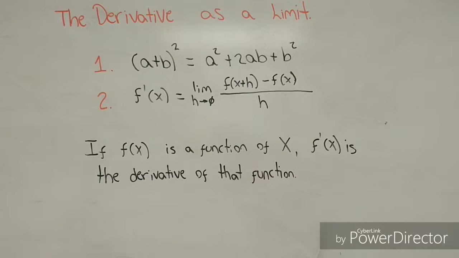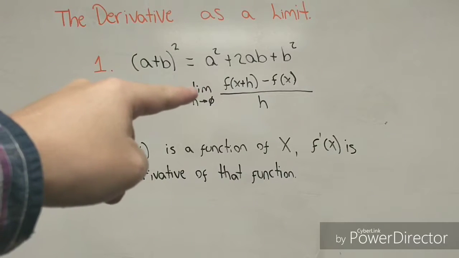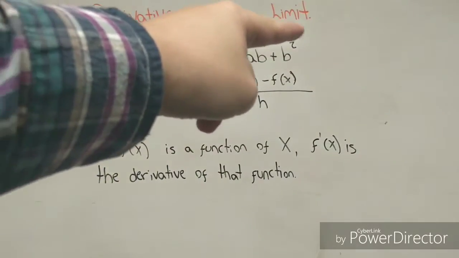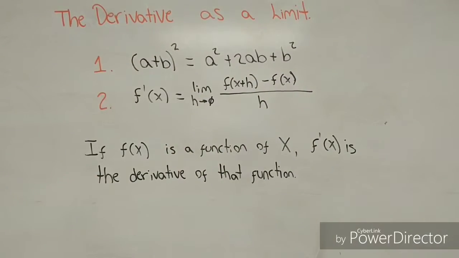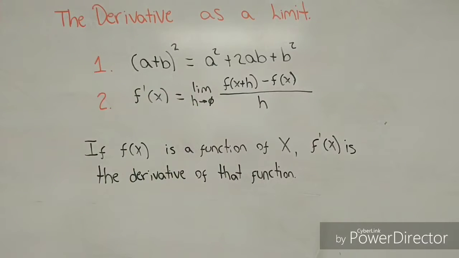And as a definition, we're going to call that a limit when h goes to 0 of this ratio that we have there. We're going to make an example, so that it looks a little easier for you to understand and remember. So just keep in mind these two things and this definition, and we go from there.